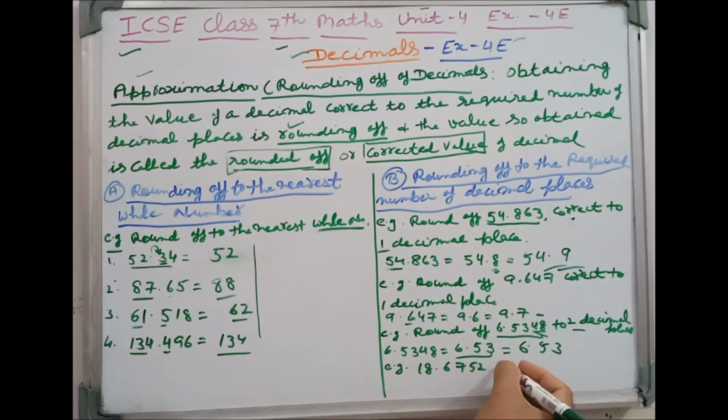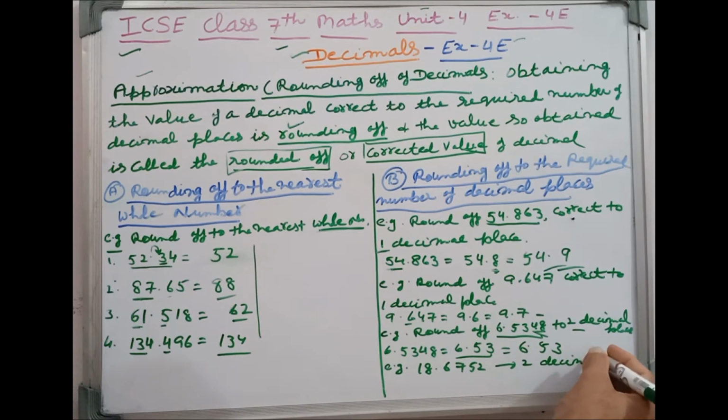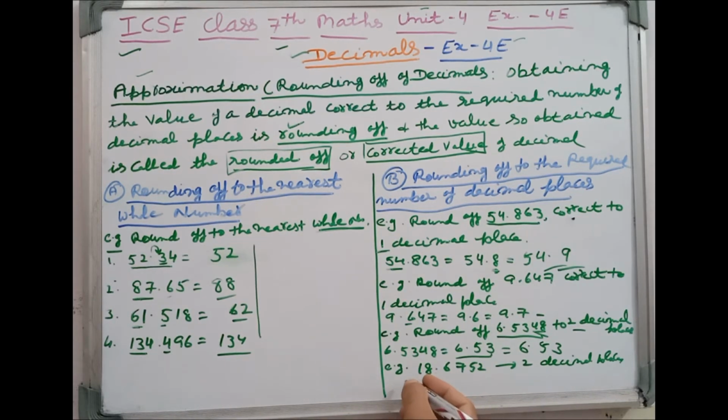18.6752. We have to round it off to how many places? This is also to two decimal places, right students? So 18.6752 is the given number.